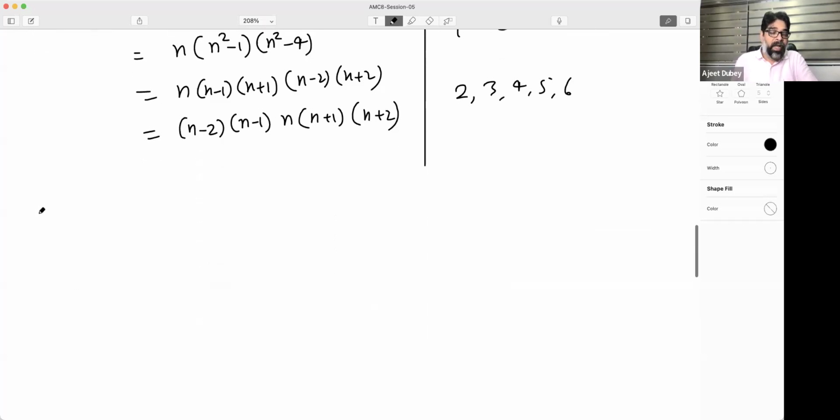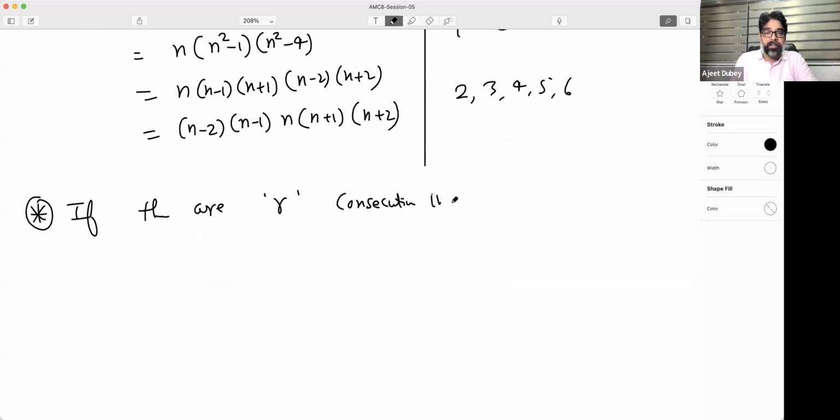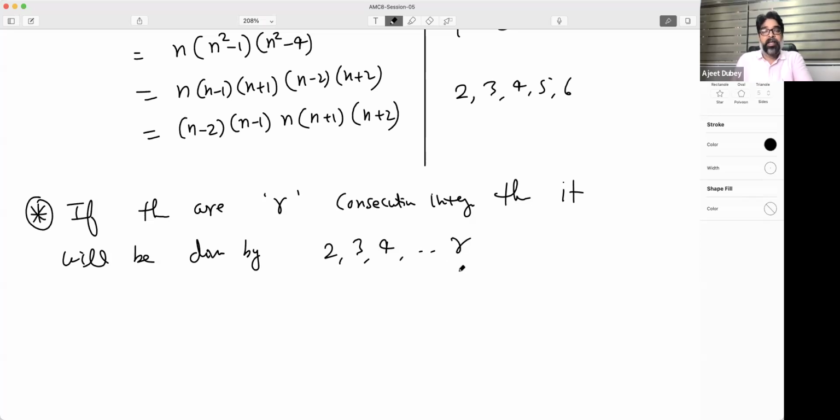So what we learned is that if there are r consecutive integers, then it will be divisible by 2, 3, 4, and so on till r.